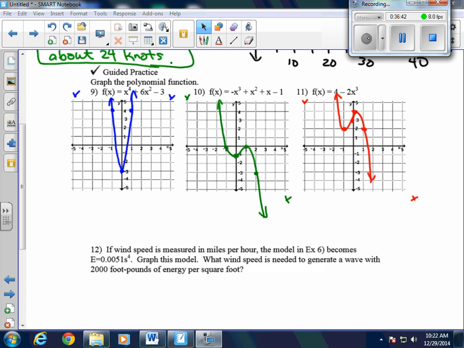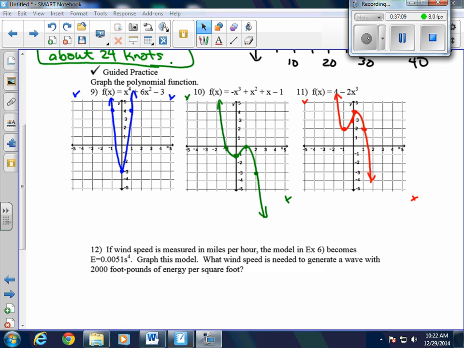So again, when we graph these polynomial functions, the two things that you have to do, and that's it: find the end behaviors. I would recommend marking them on your graph, like I do here with the blue X's, the green X, and the red X. Mark where your end behaviors are going to go. Then you just plug in some points to see where it is in the middle of your graph.